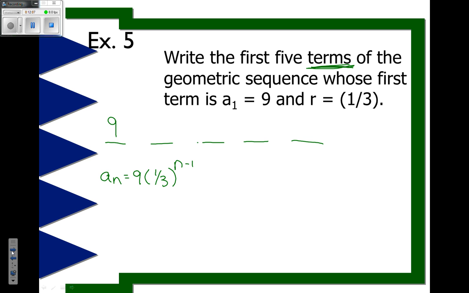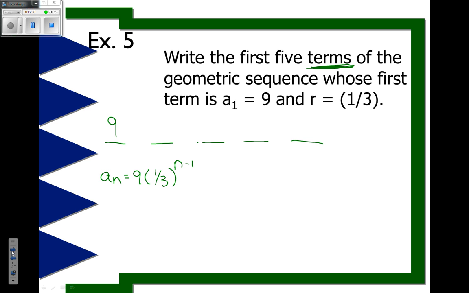We're looking for the first 5 terms. We are already given my first term, so I put in 9. If this is my second term, that means n will equal 2. So then we would plug 2 in for n.